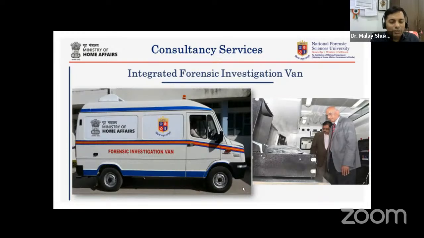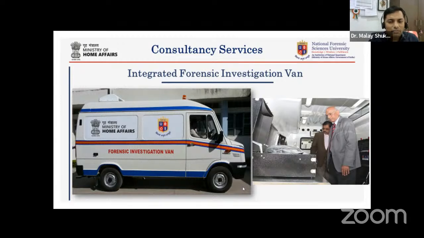Another important contribution that we made and that will be useful for the wildlife forensics and the human forensic fraternity is we are introducing mobile forensic investigation vans across all the districts of India. A very flagship project under the Ministry of Home Affairs, where all the districts will be provided with the forensic investigation van designed by obviously National Forensic Sciences University.